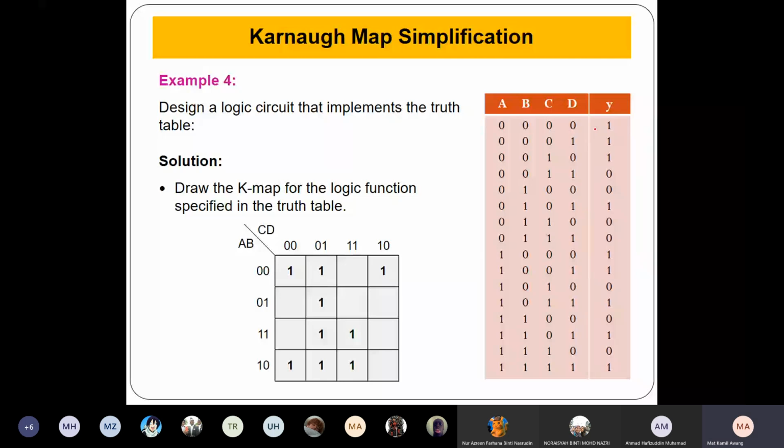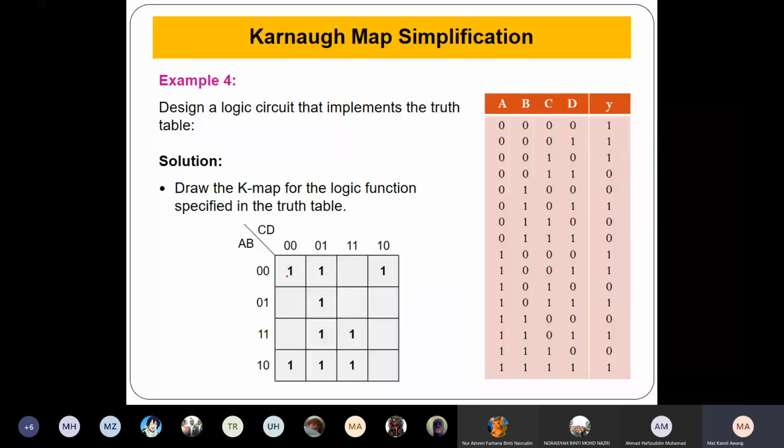So what you need to do is draw the K-map. Because this is a 4-variable K-map, you have A, B, C, and D. You draw this and you fill out the ones.